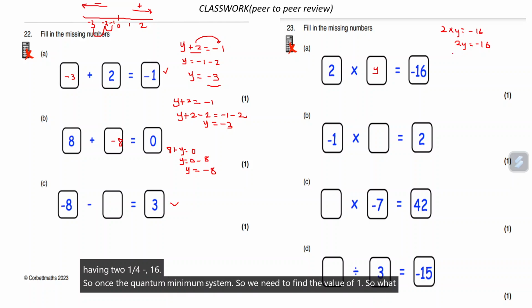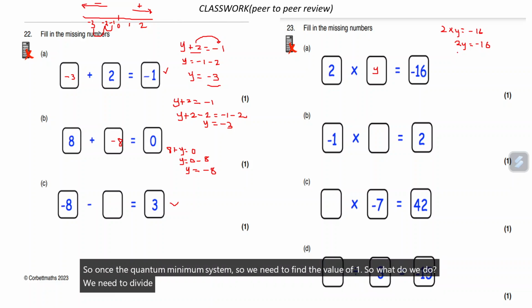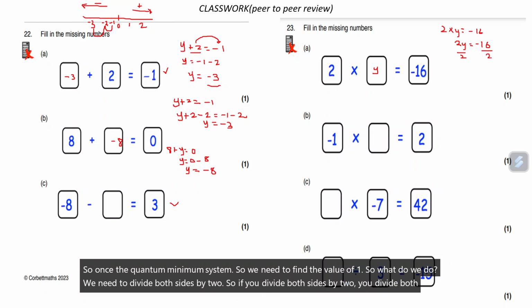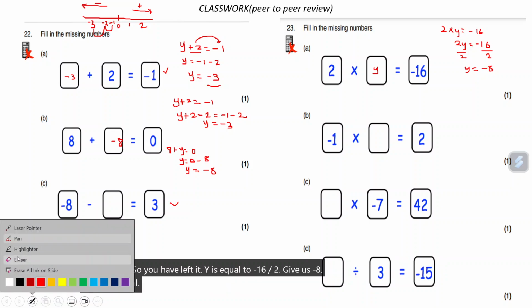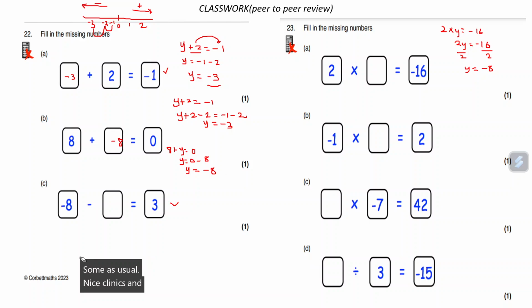So what do we do? We need to divide both sides by 2. So you are left with y is equal to minus 16 divided by 2, which will give us minus 8. So, as usual, let's clean it and make space for this.